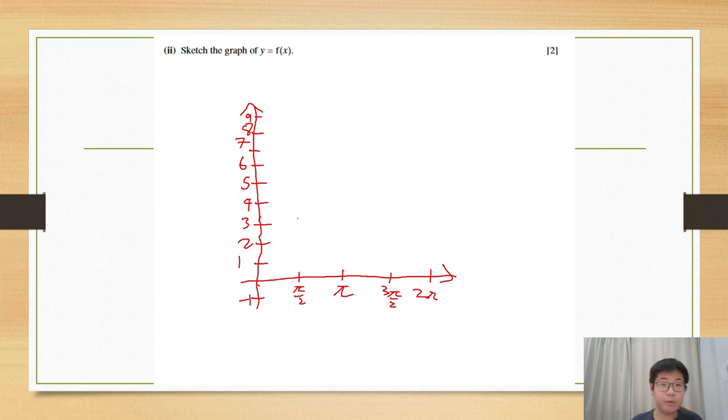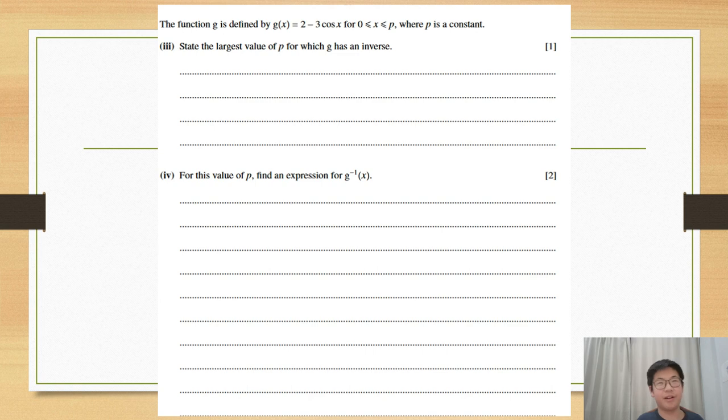At pi over 2 we have 2, at pi we have 5, at 3 pi over 2 we have 2, at 2 pi we have 1, and at 0 we also have 1. So all we have to do is just connect the dots. Obviously, your paper drawings will be much better than this computerized drawing. You can also use Desmos to do the graphs, but I'm sorry, there must be some technical problems drawing this graph.